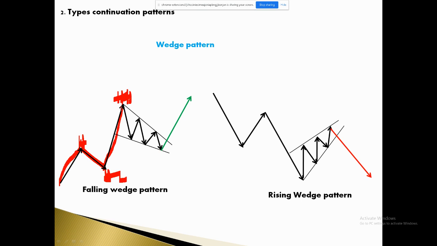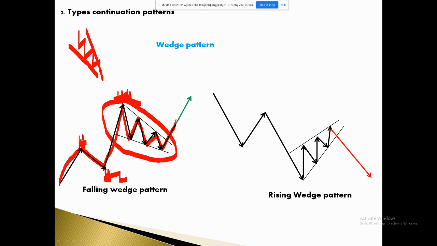It's retracing in more of a sharp triangle facing down. It's very, very sharp, like this. It's a consolidation that is very, very sharp. So you can see it is retracing all the way back down. And then this is your clue that price will continue going upward. And this is what we call a falling wedge pattern.